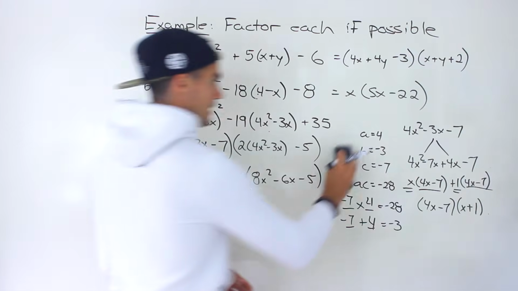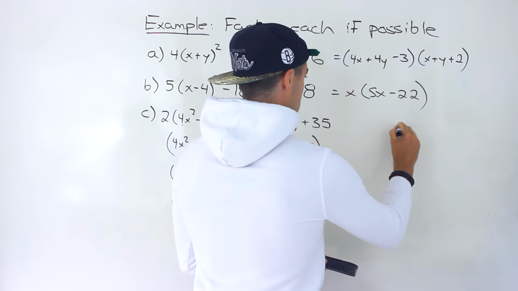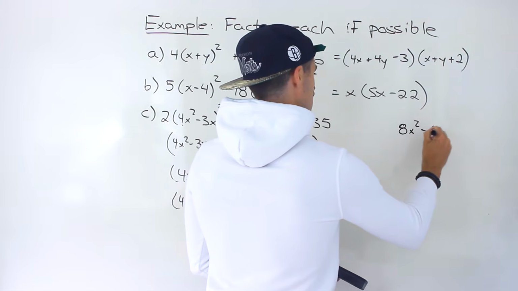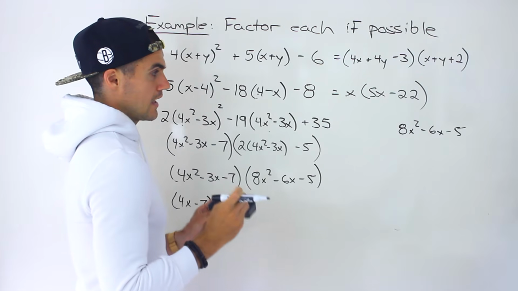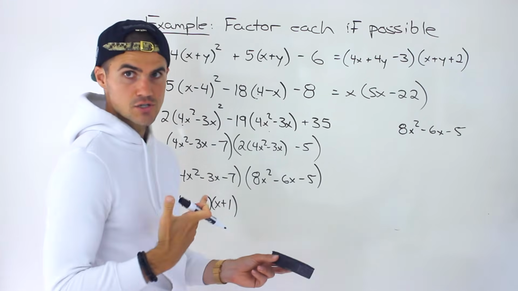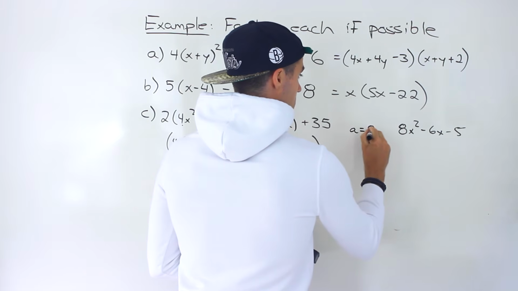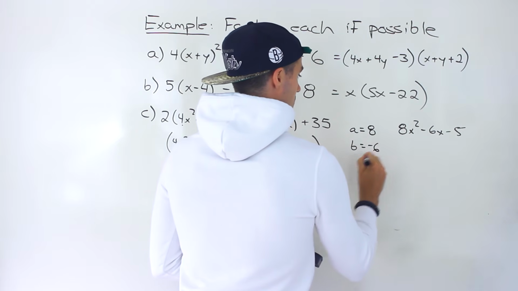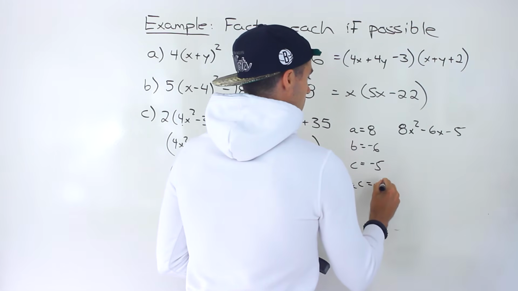Now let's see if we can factor the remaining bracket, 8x squared minus 6x minus 5. Again, can we take anything out initially? No, we can't. Let's see if it factors by decomposition. AC is negative 40.